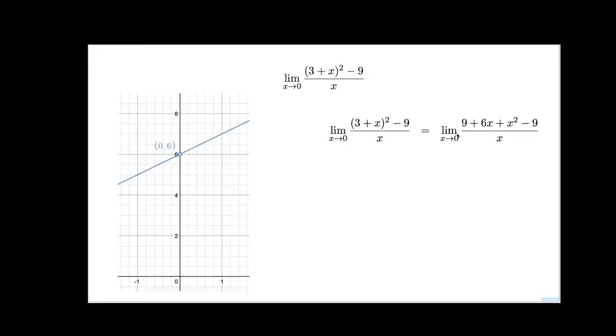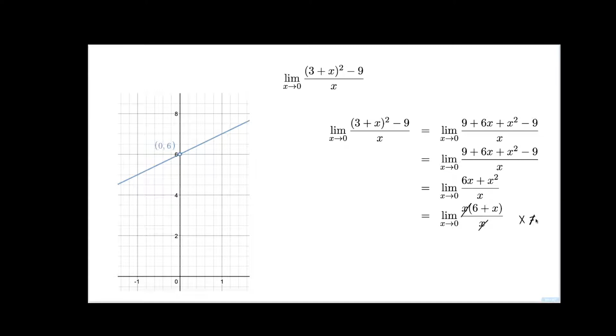Now what we notice is that these 9's cancel, so we get simply 6x plus x squared all over x for our expression. And we see now that in the numerator we can factor out an x and we're left with 6 plus x.